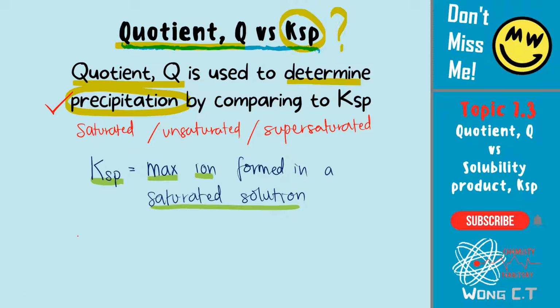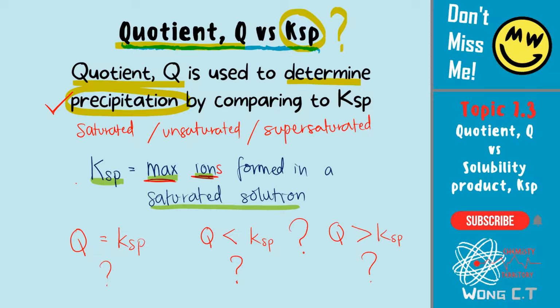Okay? So, what would happen when the Q is equal to KSP? What does that stand for? What would happen when the Q is less than the KSP? What does that stand for? And what would happen when the Q is more than KSP? What does that again stand for?